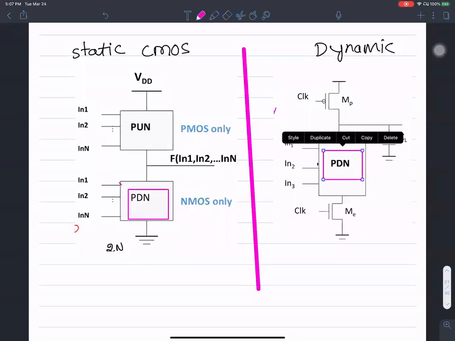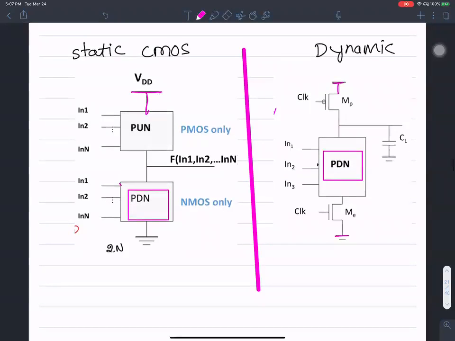And then there is, of course, the power supply and the ground, the lower power supply. Now, what is different is that the pull up network of static CMOS logic is replaced with one PMOS transistor.